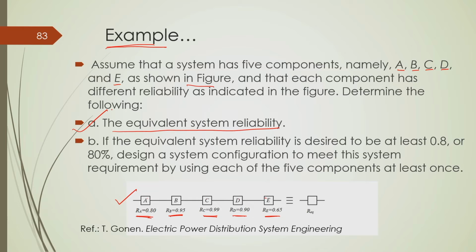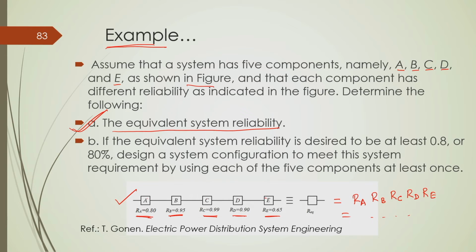Find out the equivalent system reliability, which is not difficult as you know, since there are 5 components and all components are in series combination. So, R equivalent will be equal to R A multiplied by R B multiplied by R C multiplied by R D multiplied by R E. So, whatever you get will give this equivalent system reliability.